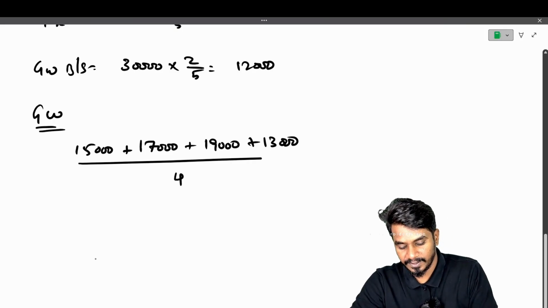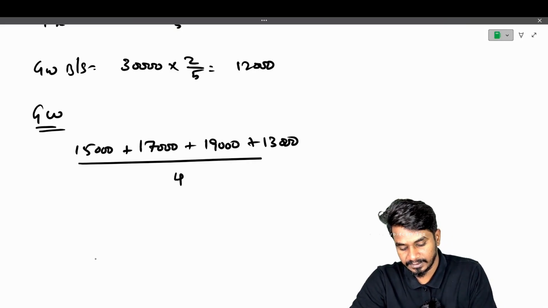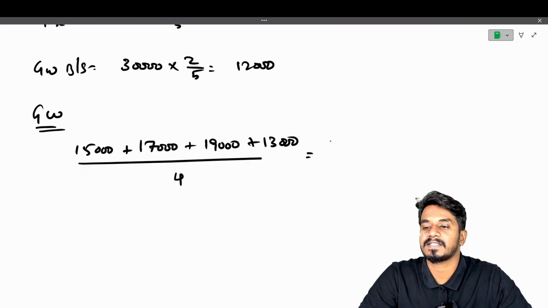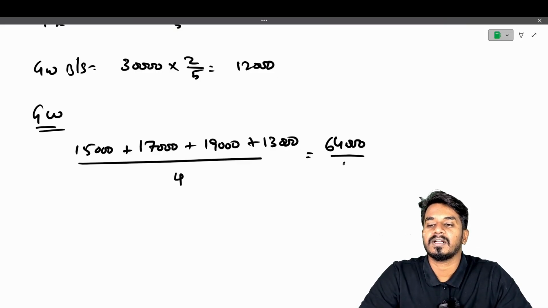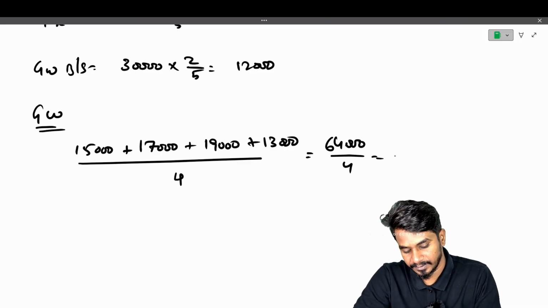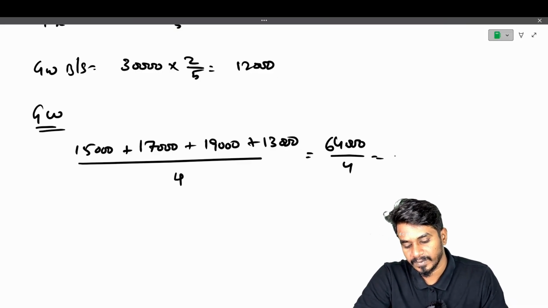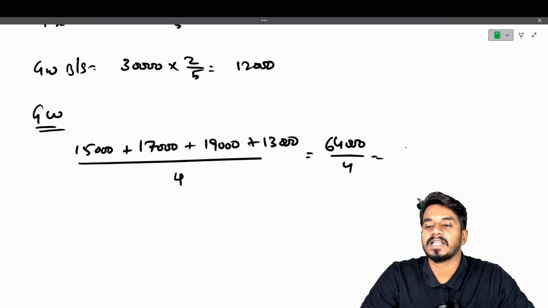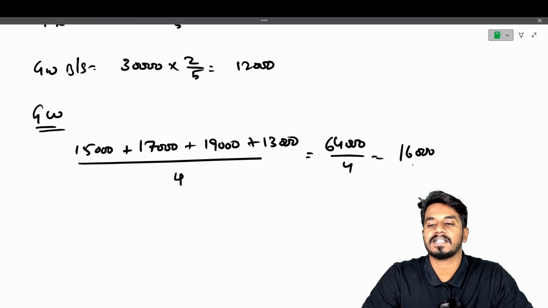So what is the average profit? 15,000 plus 17,000 plus 19,000 plus 13,000 is 64,000, divided by 4. Yes, the average profit is 16,000.